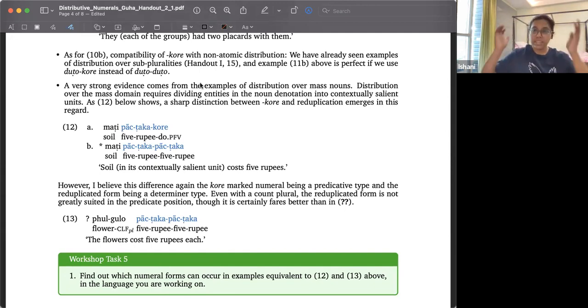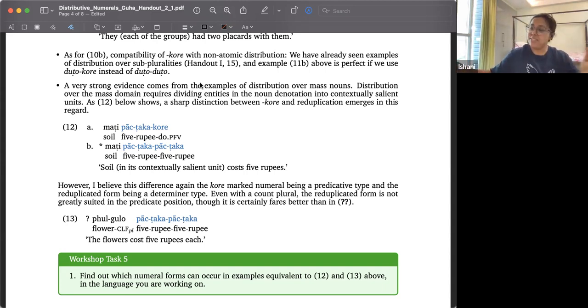Well, you'll have to imagine a situation in which you get contextually determined units. Suppose I am sitting next to the Ganges, and I have collected one pile of soil, and Ganga Mati is in high demand for various purposes.